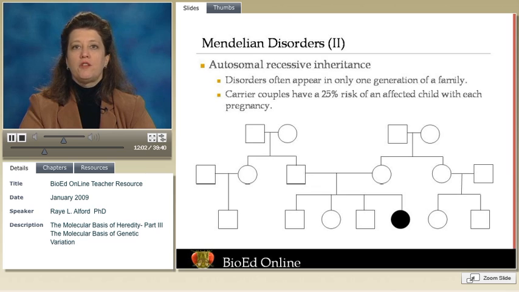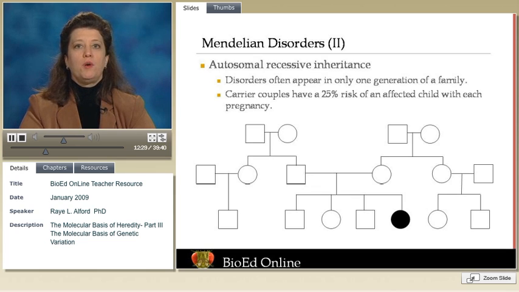In general, autosomal recessive disorders do not show reduced penetrance or the considerable variability that can be associated with autosomal dominant disorders. However, there are autosomal recessive disorders for which variability in the severity of symptoms among affected individuals is observed.